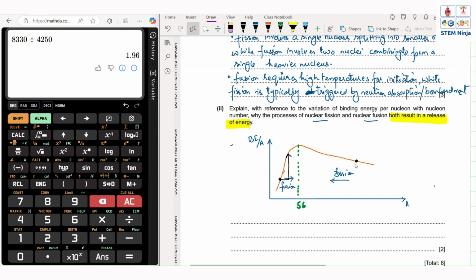Similarly, when a nucleus such as uranium undergoes nuclear fission, it goes higher on the binding energy per nucleon curve. That means it releases energy.